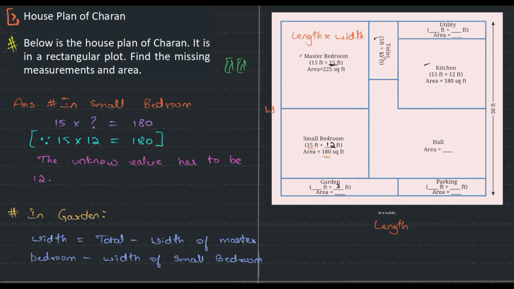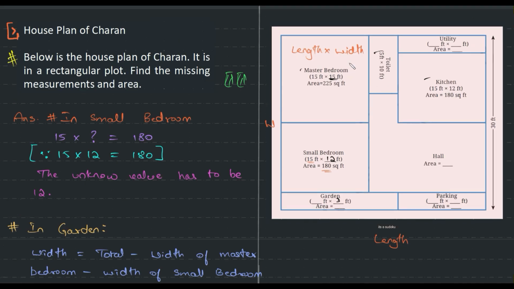Okay, let's move across. Then what do we have over here? Well, we'll be able to find the length as well, guys. How? Have a look. I'll be able to figure out this as well. Check how.